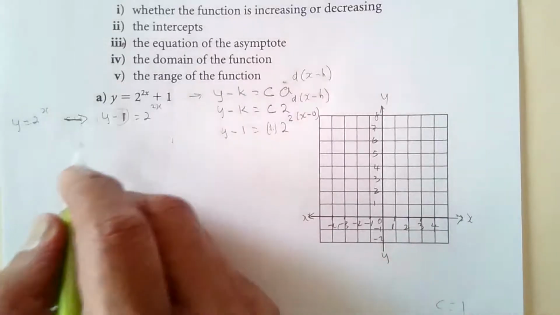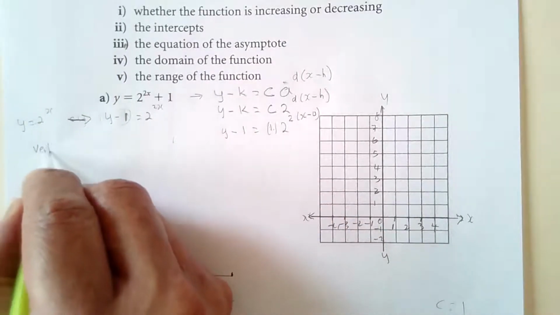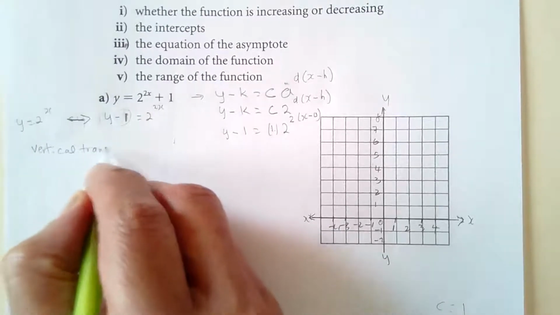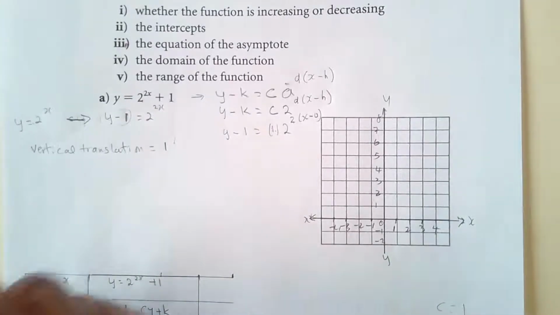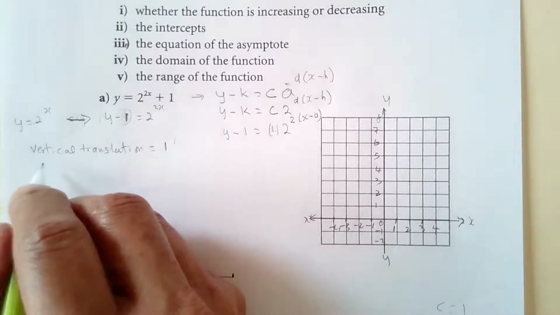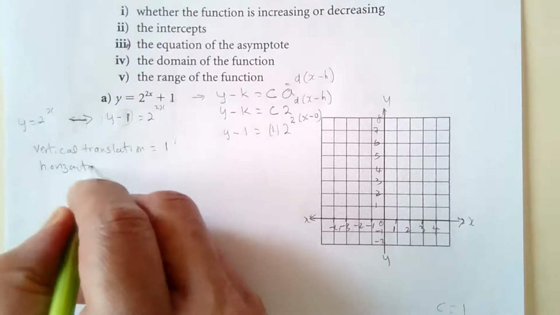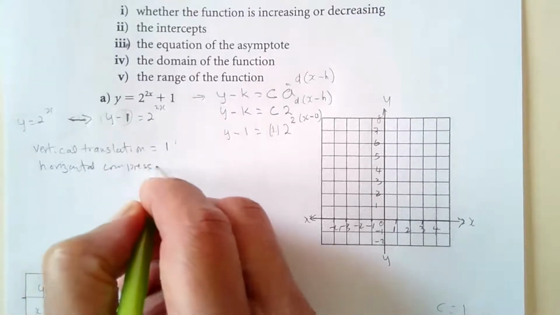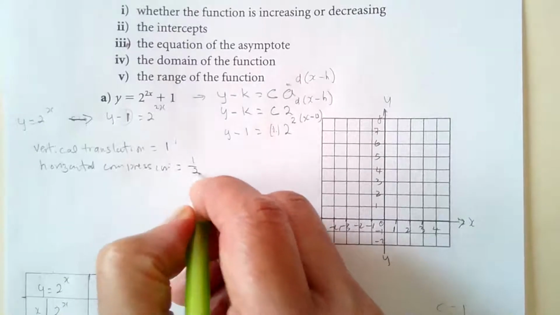So we can transfer this now. We can say that our vertical translation is equal to 1, and our horizontal compression equals 1 over 2.